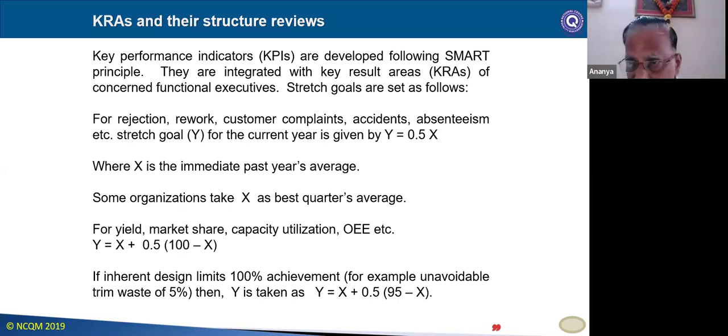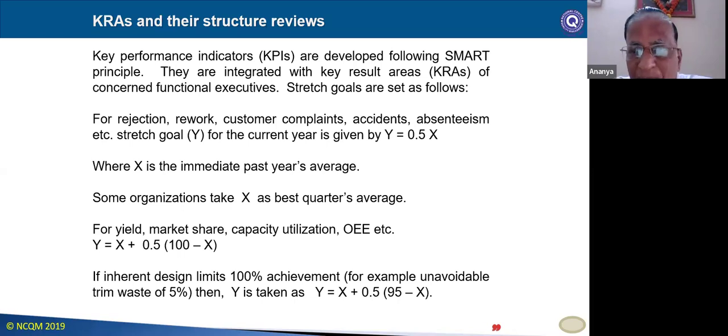For yield, market share, capacity utilization, I need to be on the positive side. So Y, which I want to achieve, should be X, which is of last year, plus 0.5, because I want to reduce that 100 minus X. This is a typical thing we are talking about here.